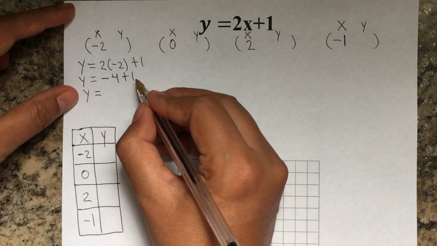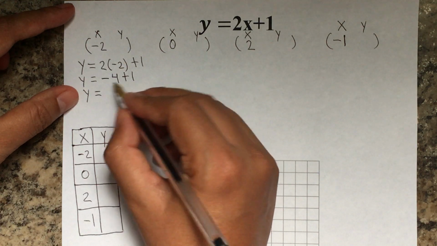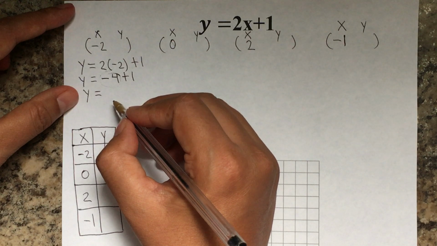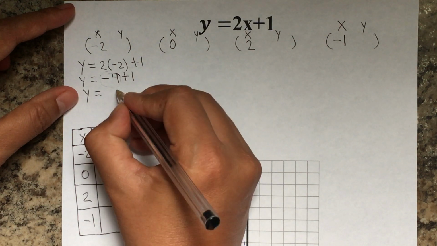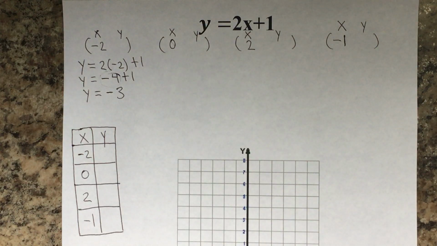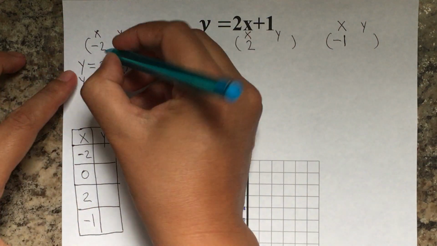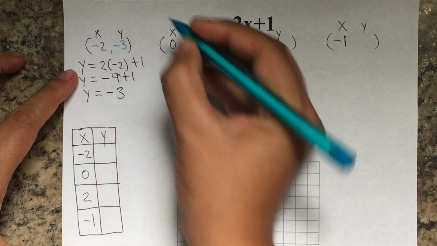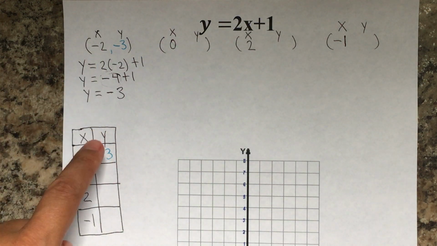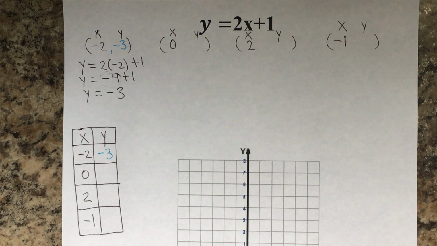Negative and positive, in addition, if they are different, we subtract and keep the sign of the bigger one. So 4 minus 1 is 3. And the bigger sign is negative, so the answer is -3. So y equals -3. Okay, and you can put it here, or you can do both. It's up to you.